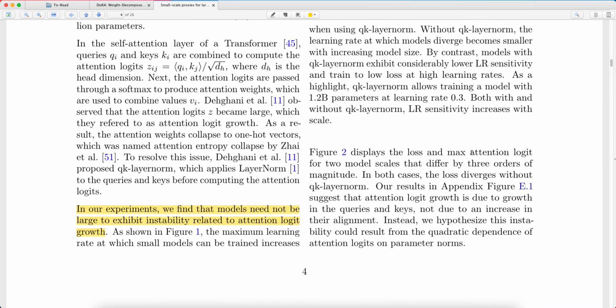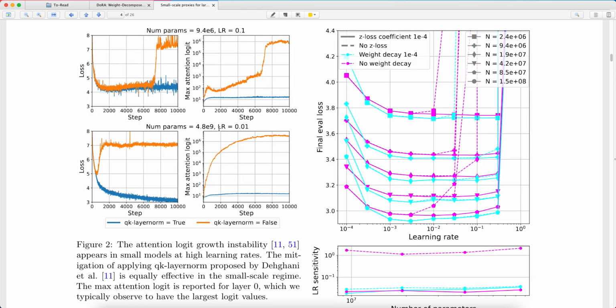All right, figure 2 displays the loss and max attention logit for two model scales that differ by 3 orders of magnitude. In both cases, the loss diverges without qk-layer norm. So here's figure 2. The attention logit growth instability appears in small models at high learning rates. So step, loss, step, max attention logit.